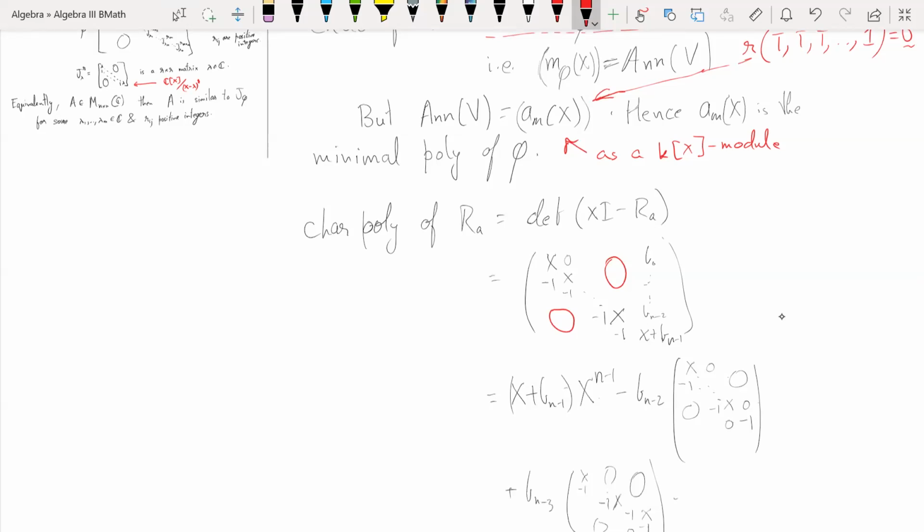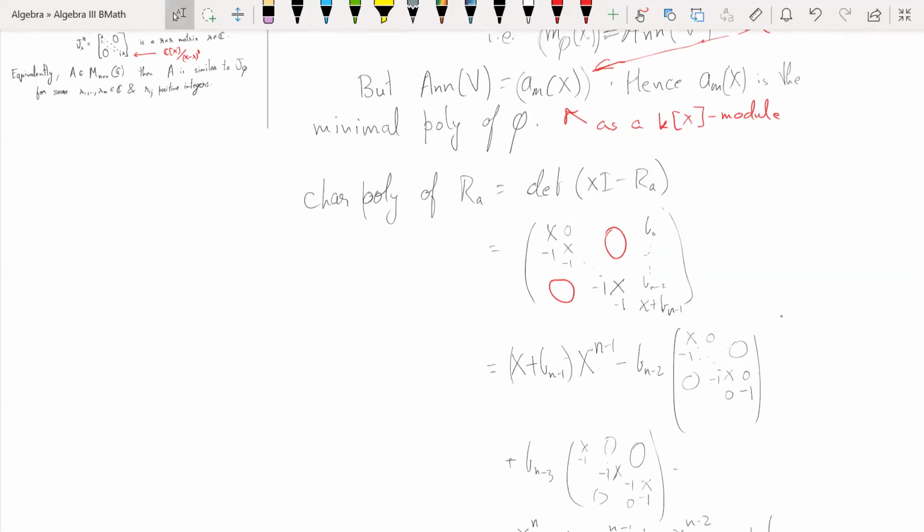Then b_{n-2} will come with a negative coefficient times the determinant of that cofactor. So you remove the last column always and the second last row. So the matrix you will get is this guy.